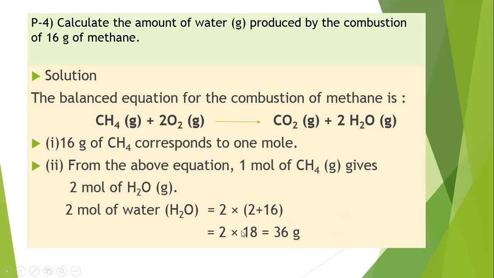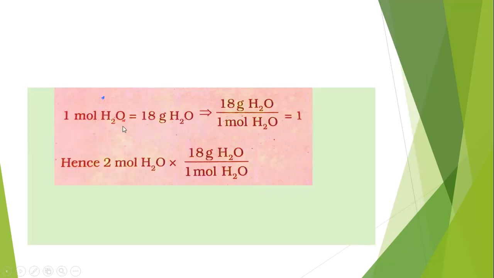So 16 gram of methane corresponds to 1 mole. What have we written? 1 mole of methane gives 2 moles of water, which is equivalent to 36 gram. And 1 mole of water is equal to 18 gram of water, the molecular mass.